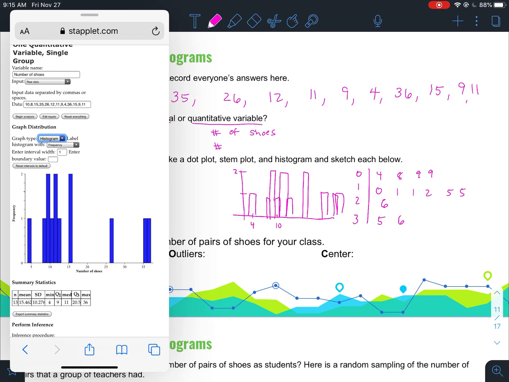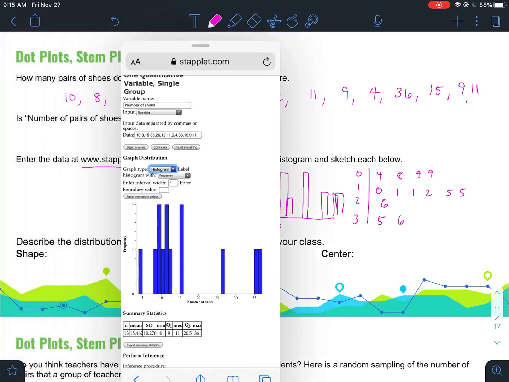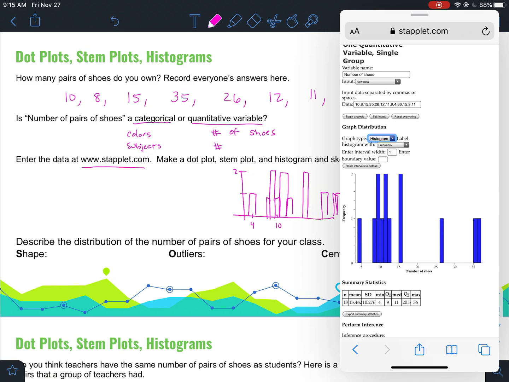So it kind of looked like that. So again, instead of having to do it by hand, this website, staplet.com, will create all of the different types of data organizers for you.